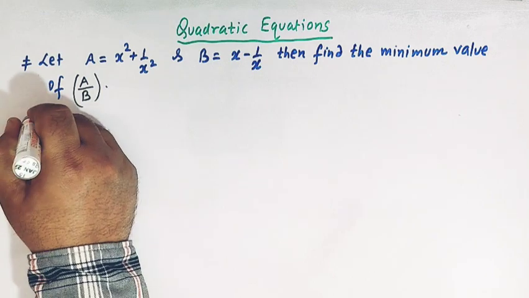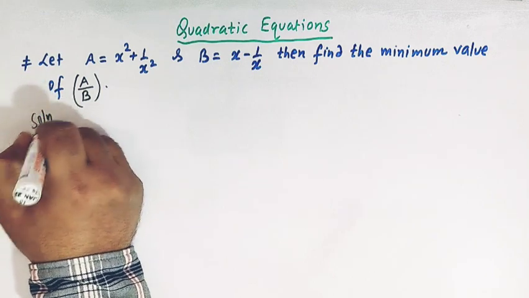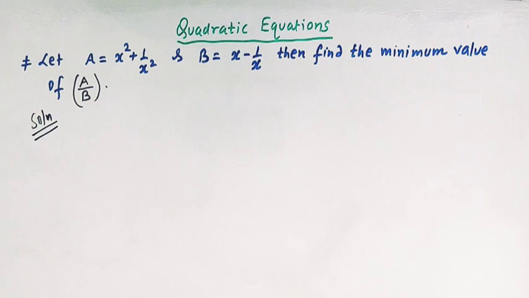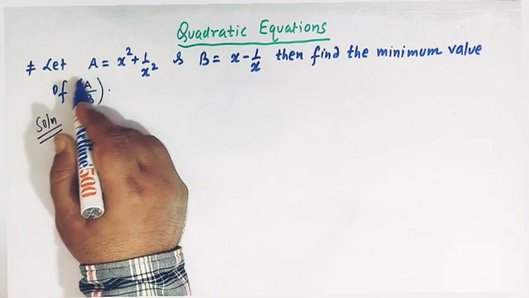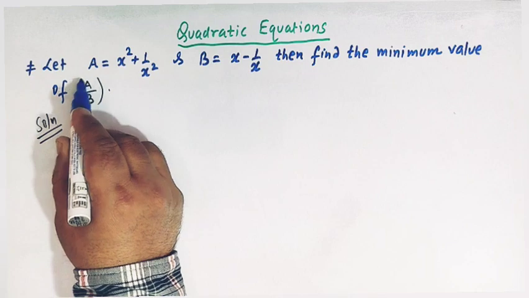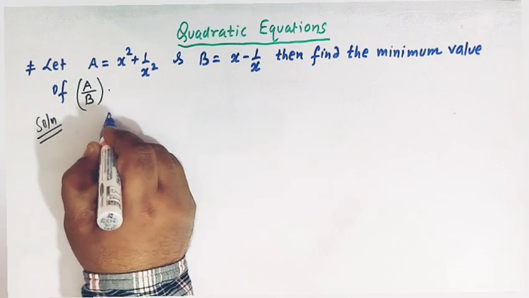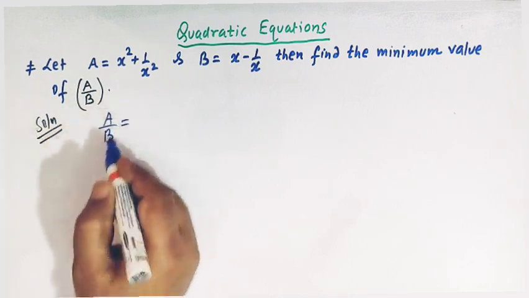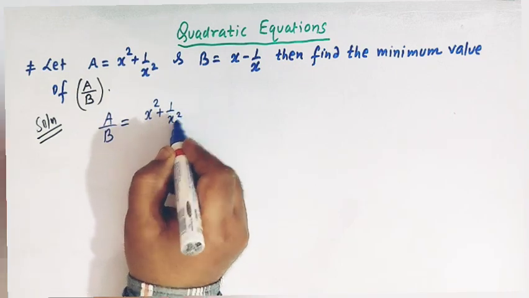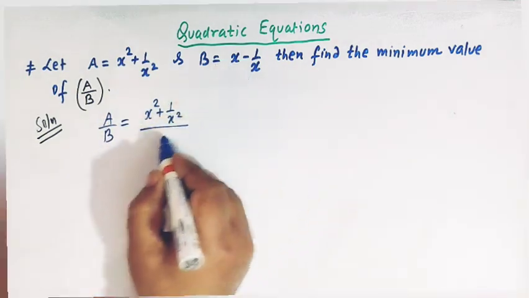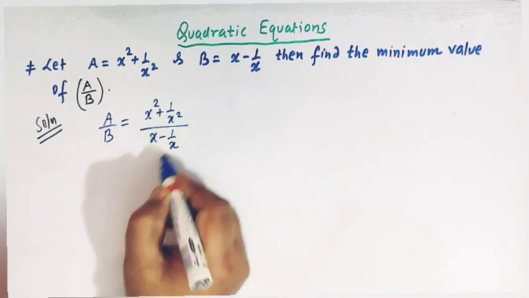So we can solve this problem by simple algebraic treatment, or we can also use the method of calculus, right? So let us first find out the value of this expression, that is a divided by b. So a is x square plus 1 over x square and b is x minus 1 over x.